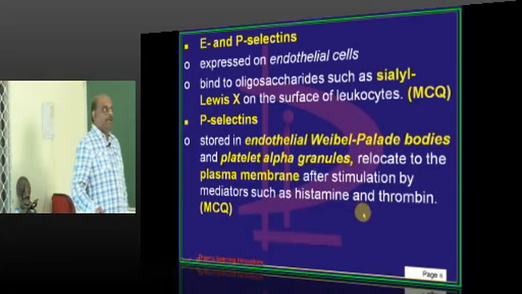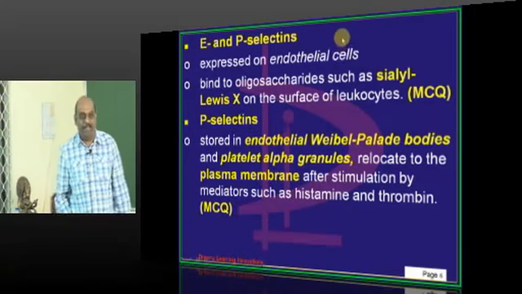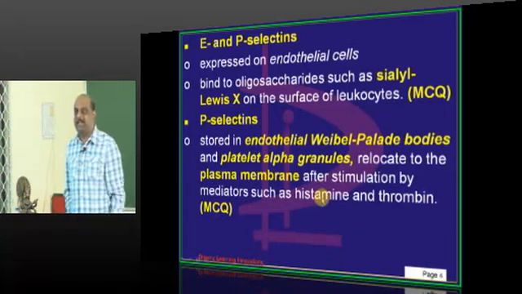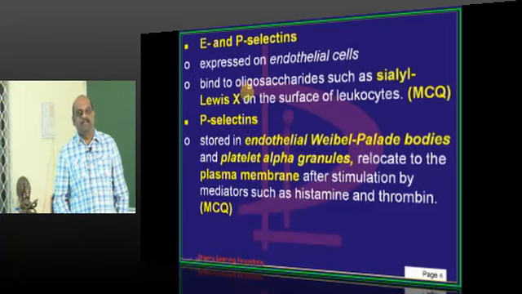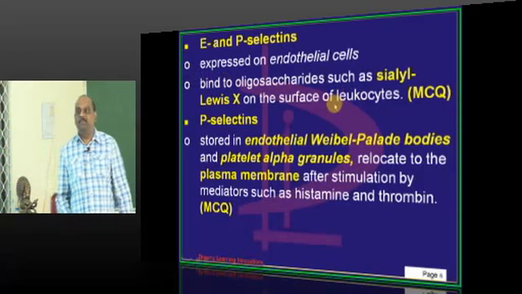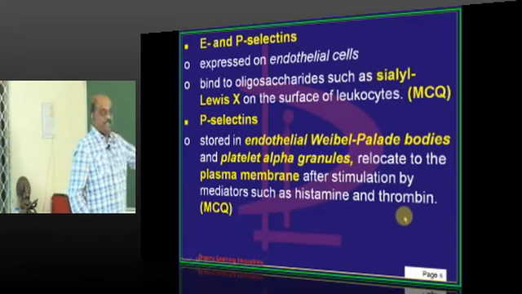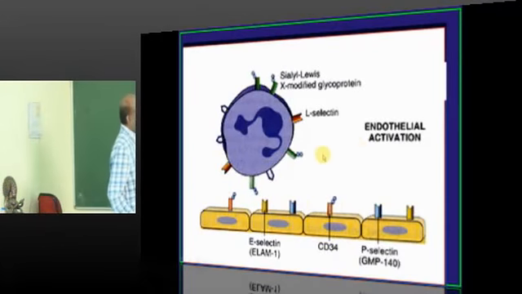They will tell it, it is the time, P-selectin, don't keep sleeping inside the Weibel-Palade body, come out to the surface, express yourself, the leukocyte is passing, and stop the leukocyte from swimming forward. That is what histamine and thrombin will be telling. That's the point about P-selectin.